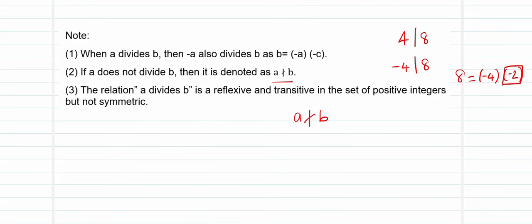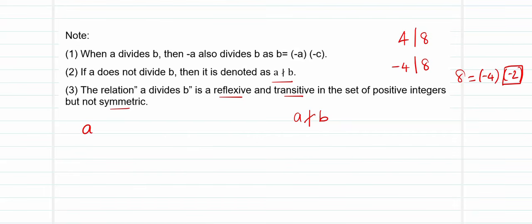The relation a divides b is reflexive and transitive in the set of positive integers, but not symmetric. Last session we saw relations, and when we talk about relations, there are reflexive, transitive, and symmetric relations. So what do we mean by a reflexive relation?